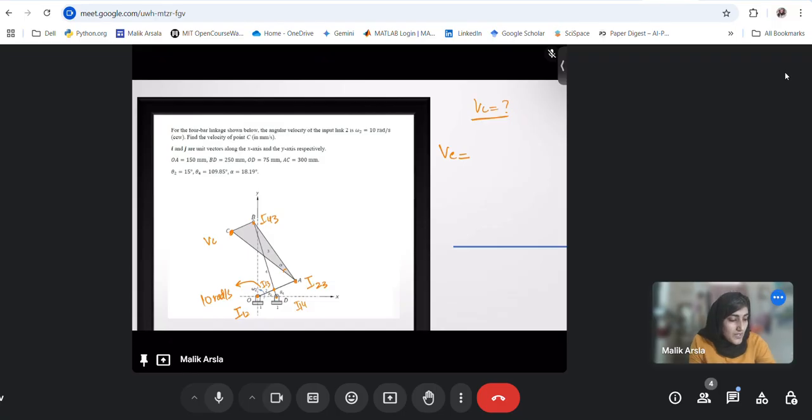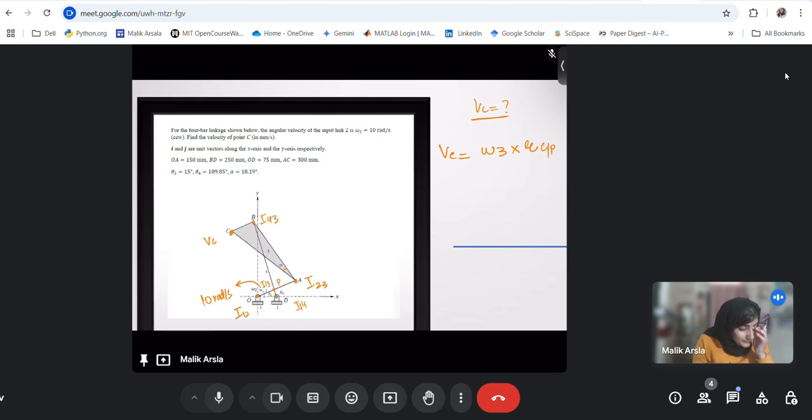So we need omega 3 cross this R. I will write it as RCP because I have noted this point as P. So that is how you find VC.